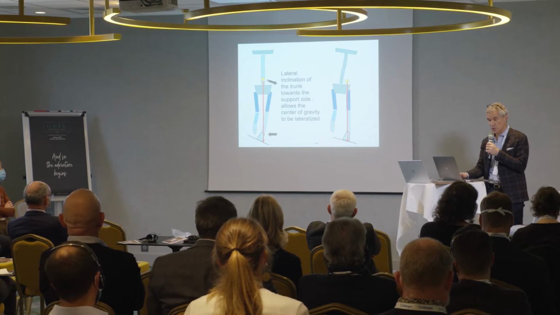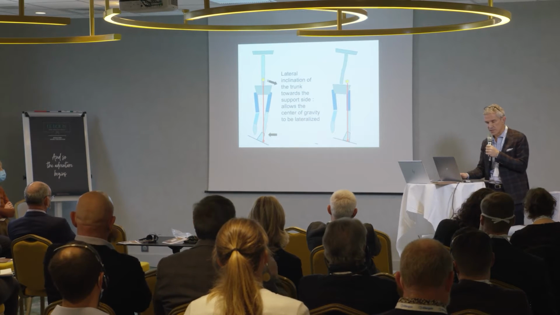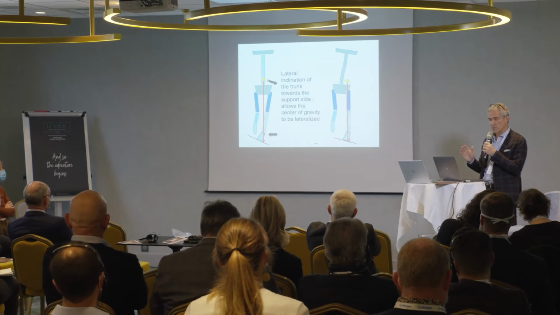So the lateral inclination of the trunk toward the support side permits the center of gravity to be lateralized and to be exactly in the center of the foot. So two types of compensation, as we can see here in this patient. If the enlargement of the base is sufficient, the patient walks without moving the trunk and the center of gravity remains central.